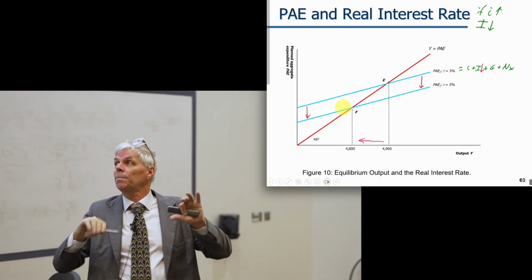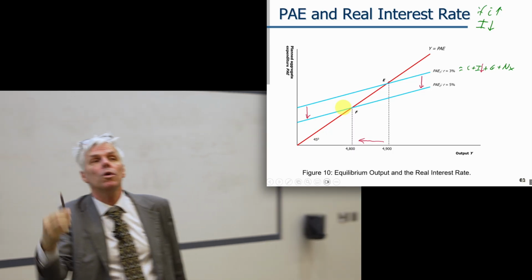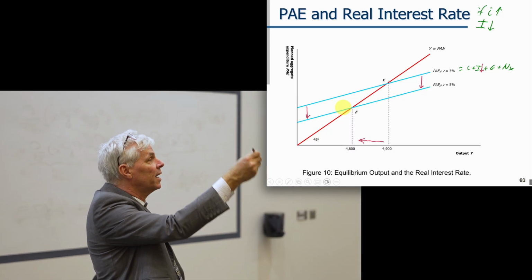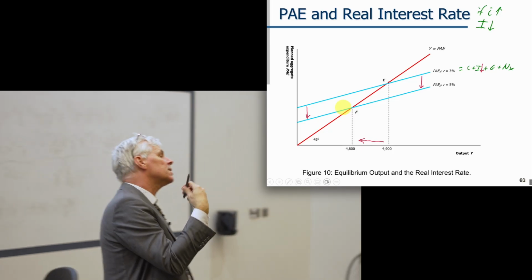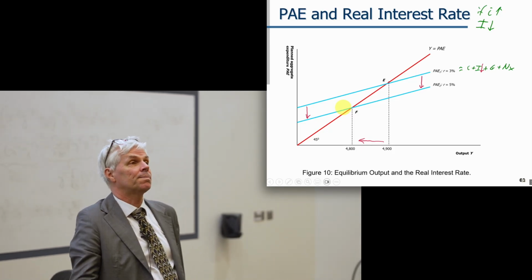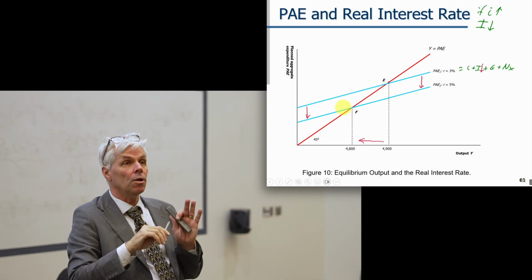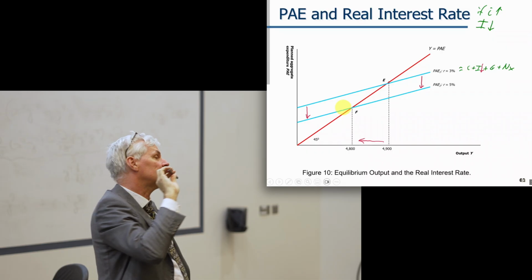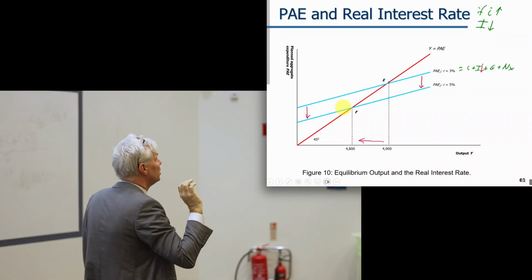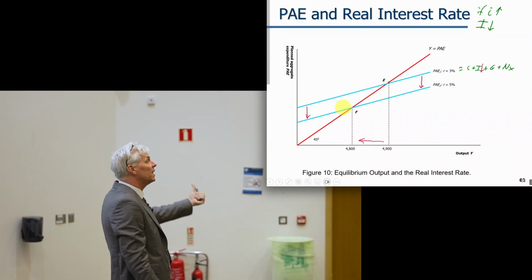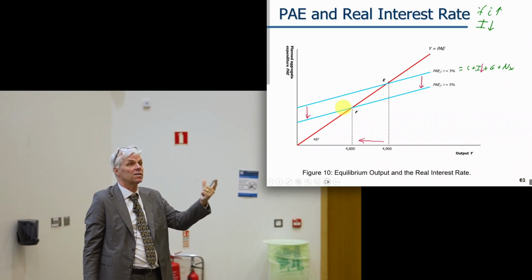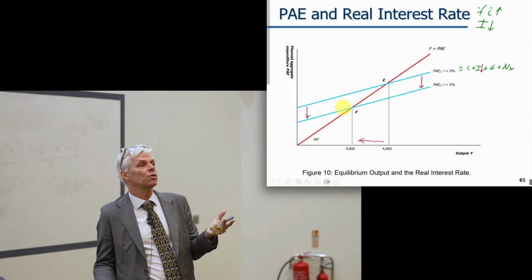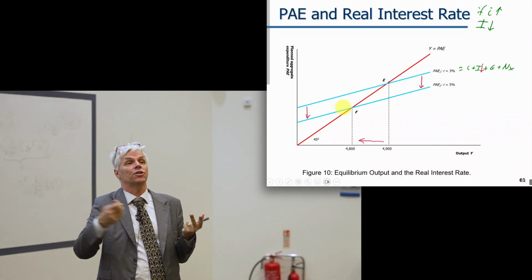But the idea is, in the end, if all the links in the chain hold, it's just going to shift this line up and down in just the same way that government spending shifted it up and down. So in the model, all we've got is this line shifting up and down. We can shift it up by expansionary policies: increasing government spending, reducing taxes, or reducing the interest rate, so that investment looks attractive compared to other financial options.